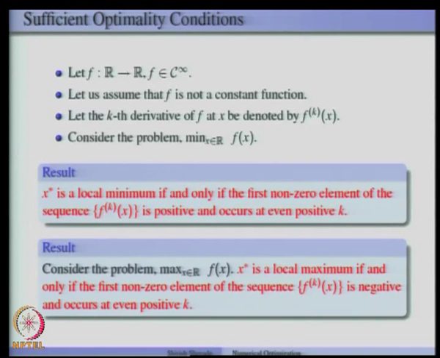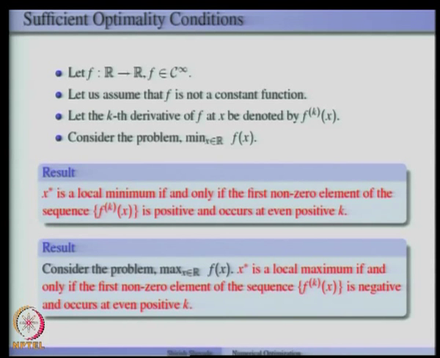So, the fourth derivative means that k is equal to 4, which is an even and positive number, and the fourth derivative of the function x to the power 4 is positive. So, that is why x star equal to 0 is the local minimum of f of x equal to x to the power 4.